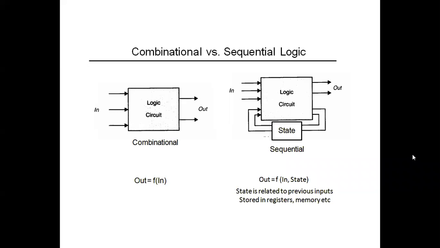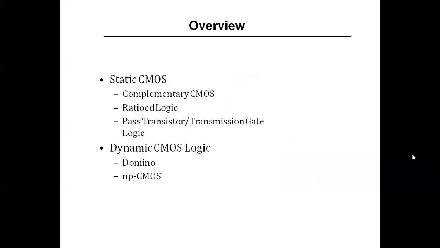And in the case of sequential logic, sequential logic does involve some sort of memory element. So that is the basic difference between combinational logic and sequential logic.